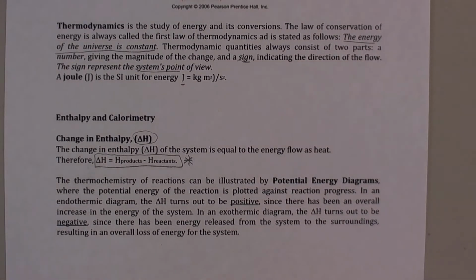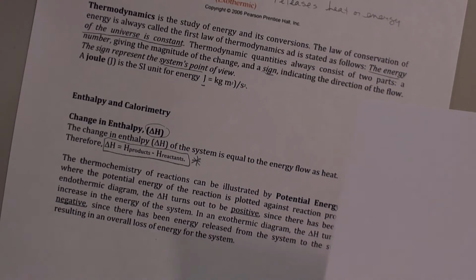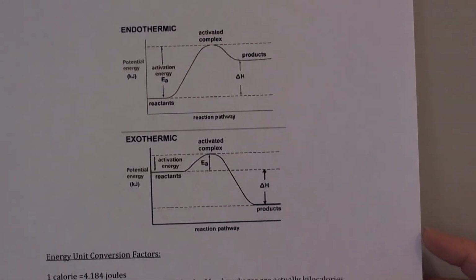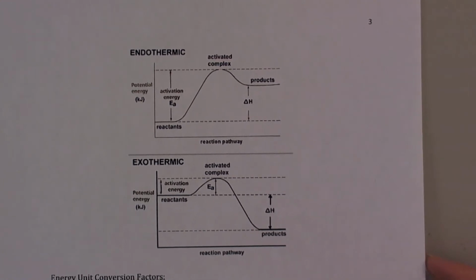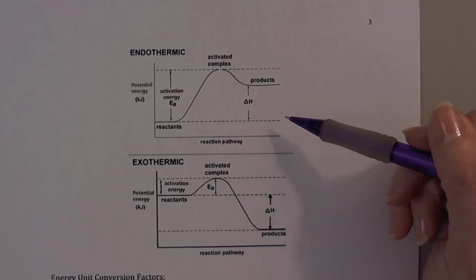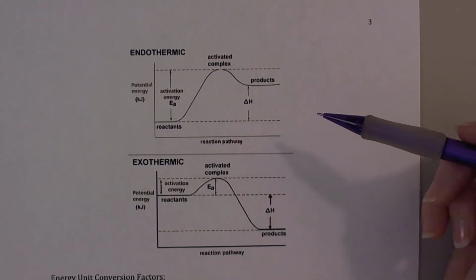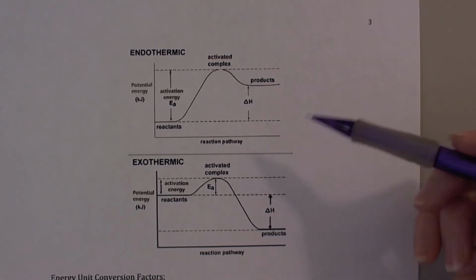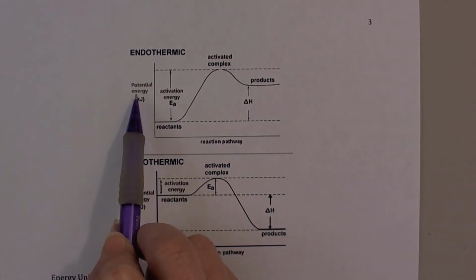So let's look at the top of page 3 in your notes. We have here what are called potential energy diagrams. Now, when you're looking at these diagrams here on the next page, these show here on the left, we've got potential energy.